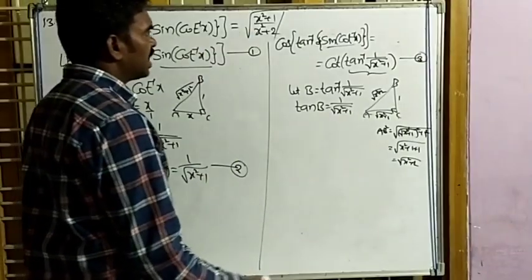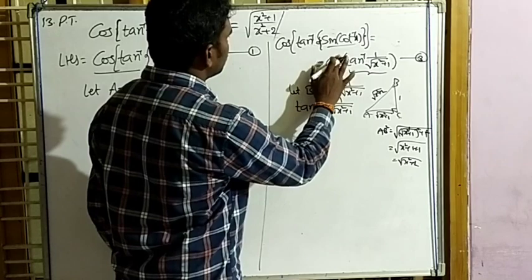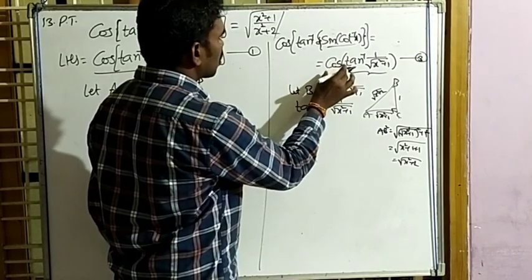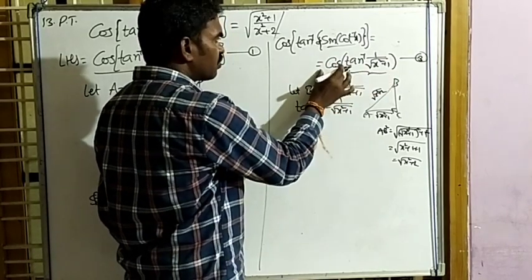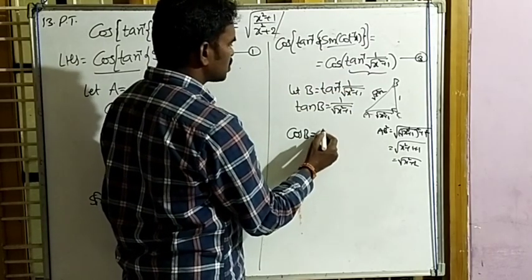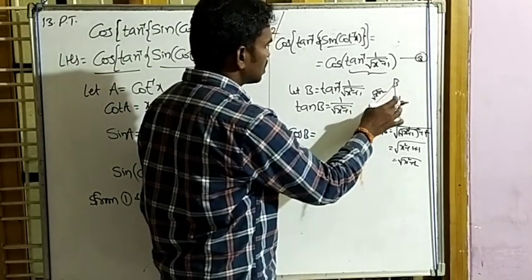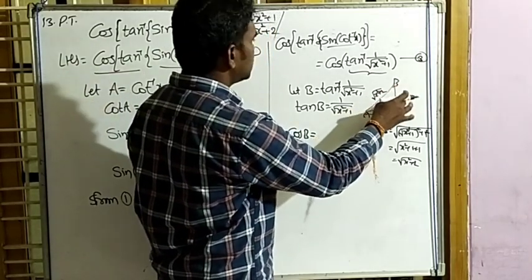Now what do we have to find? Cos is there. If you take this as b, then we should find cos b. So next immediately cos b, cos means adjacent by hypotenuse.